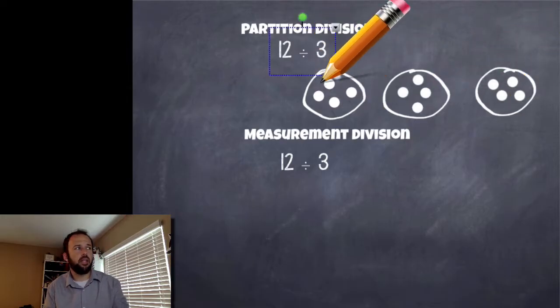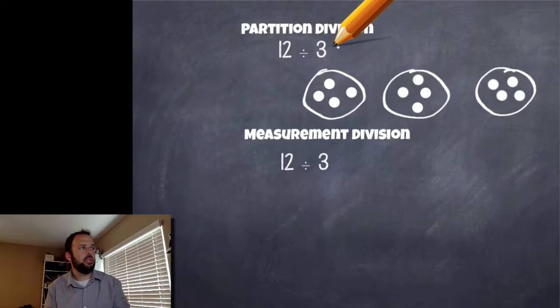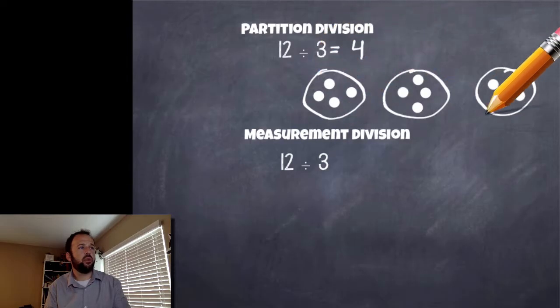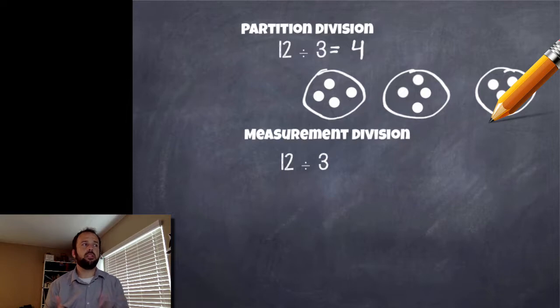Alright, easy enough, you get the idea. So my answer here would be 4. If I divide that 12 into 3 equal groups, we get an answer of 4. This is probably the easiest method to go to, because this is exactly what we're doing. We're partitioning those 12 dots into 3 groups. That gives me 4 in each group.